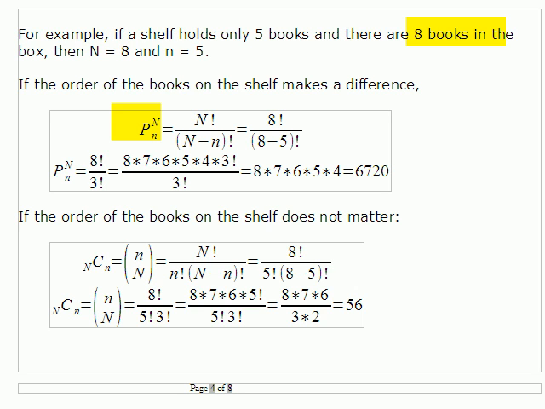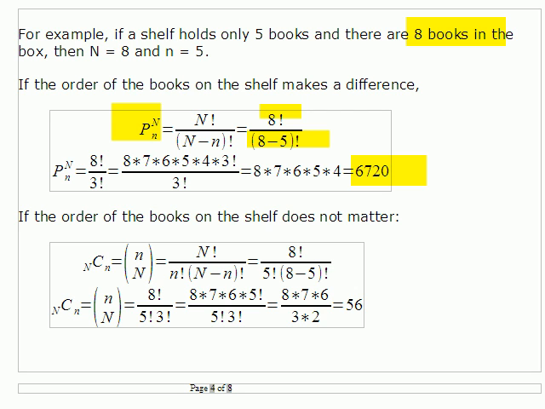And the equation for the permutation, which is the number of different arrangements you can make out of 8 books, taking 5 at a time, is the total number factorial in the numerator divided by that difference factorial in the denominator. There's 6,720 permutations.